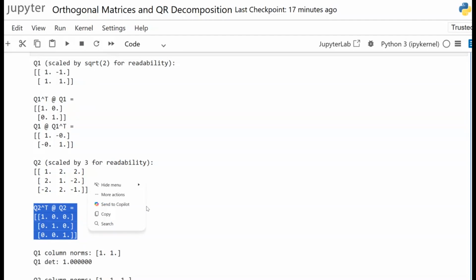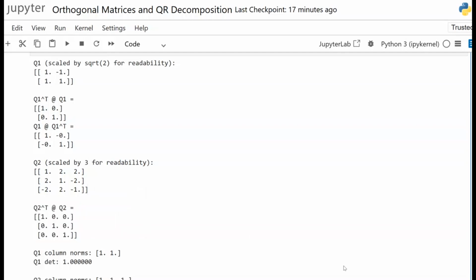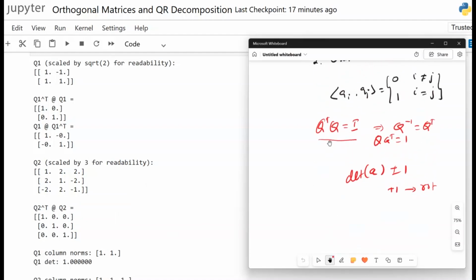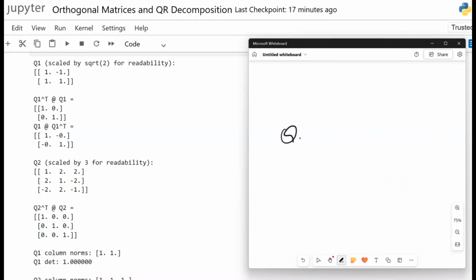Every column has norm 1. Cross column dot products are 0. So notice here, of course, we have just discussed that Q transpose Q is equal to identity. As well, for a square orthogonal matrix, Q transpose Q is equal to Q Q transpose, which is equal to identity.